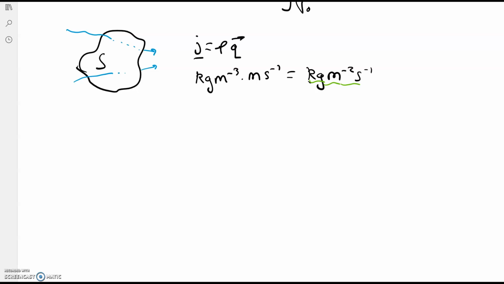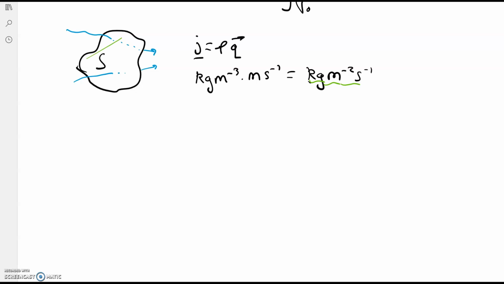So what J is saying is, how many kilograms have I got that is flowing out of this per area every second? So every second that goes by, if I take an area, how many kilograms is going through this every second over my area?